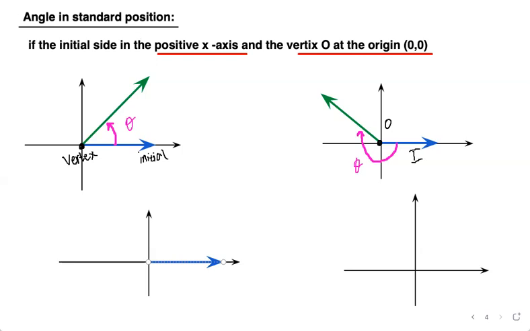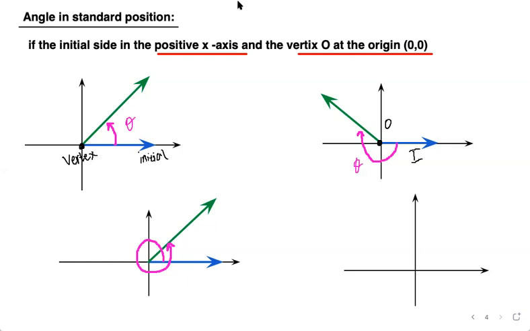Now suppose my terminal side is here like this. This is my terminal side, but my angle this time has a different shape. It goes like that, 360, then goes back to the initial side.